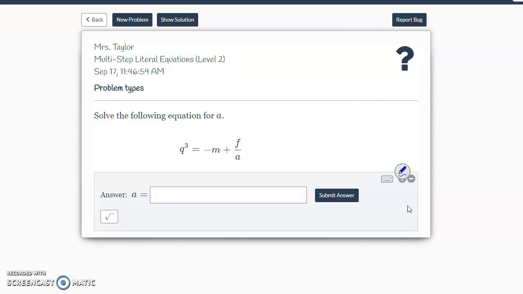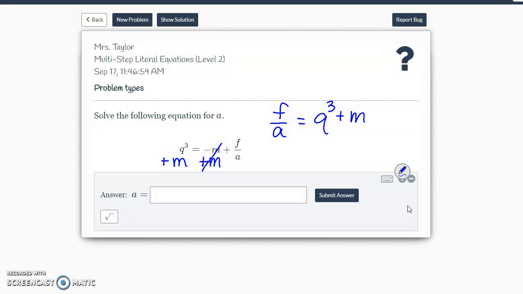I do not want that, so I'm going to, actually I lied. The first thing I'm going to do is get rid of the addition and subtraction first. So I'm going to move my M by adding it, since it is a negative, to both sides. When I do that, I'm left with this F divided by A equals Q to the third power plus M.